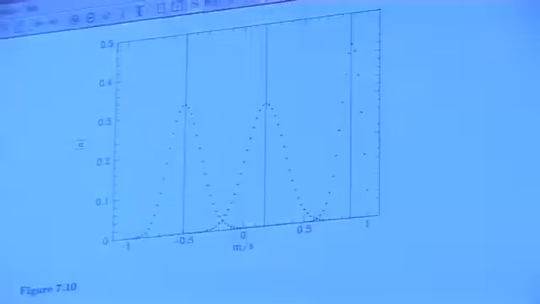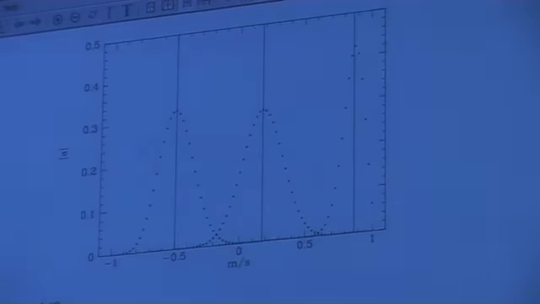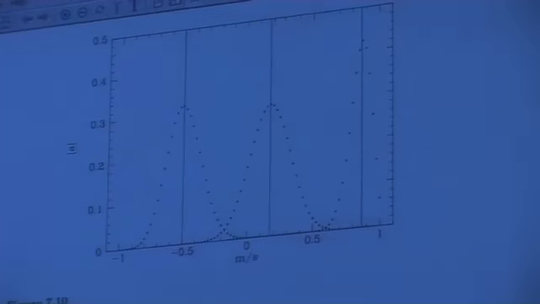So if the angular momentum vector really were at direction theta, how much would we expect to find along the z-axis?